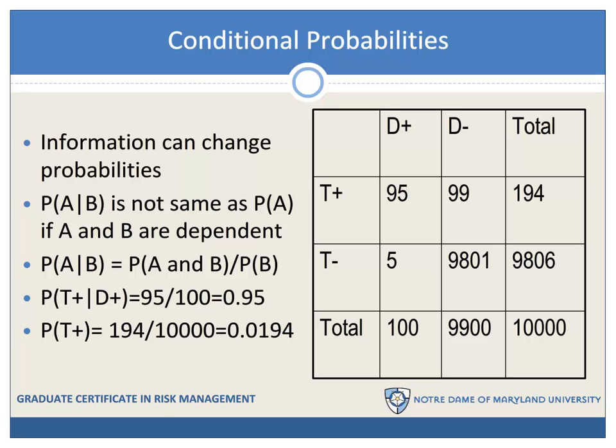But let me give you some information, and then we'll revisit that probability of testing positive. The information I want you to have is the person is disease positive. So that's saying we're no longer looking at the entire table. We're only looking at those 100 people in the disease positive column.